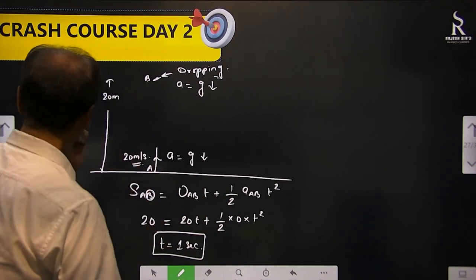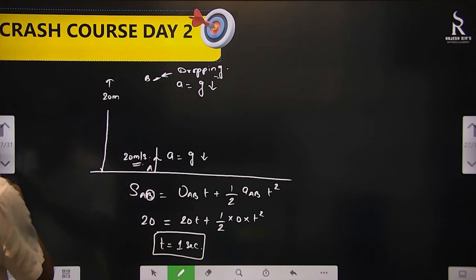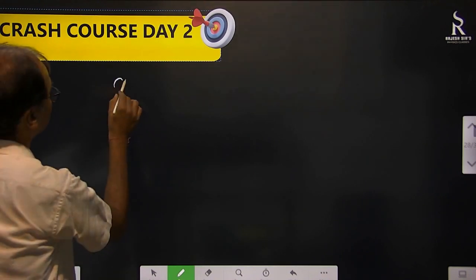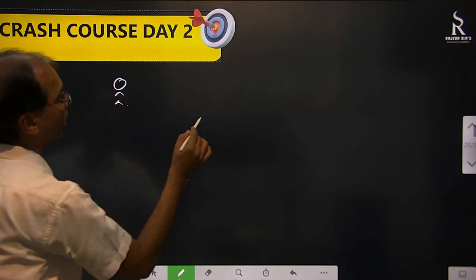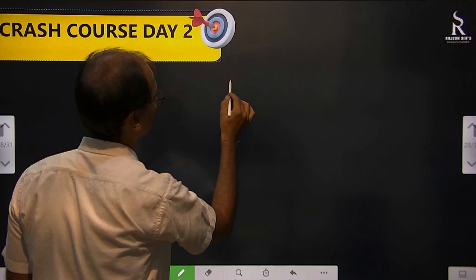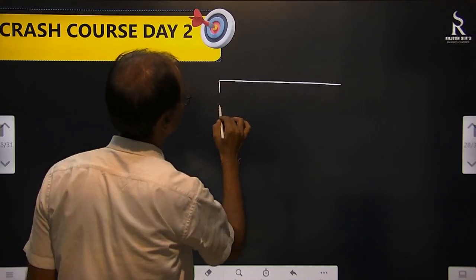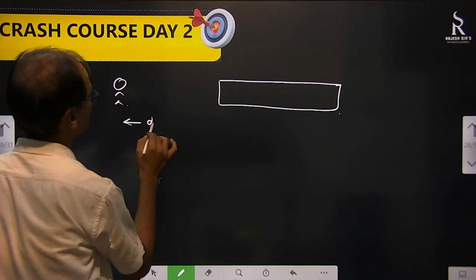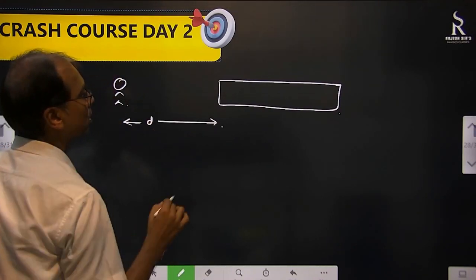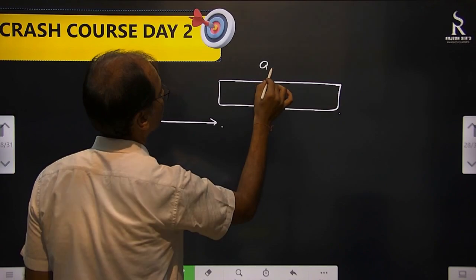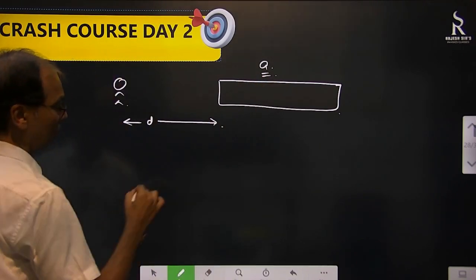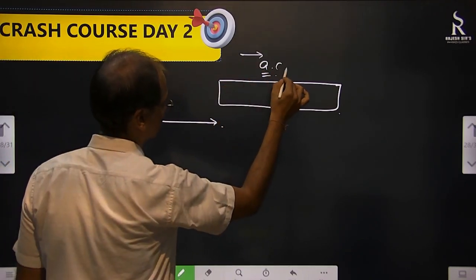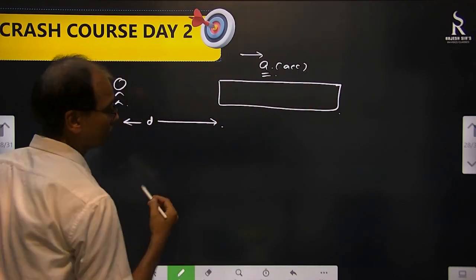A very common question is asked. One man is there, and here is a train. The distance between them is d. The train starts with an acceleration a, with 0 speed only.